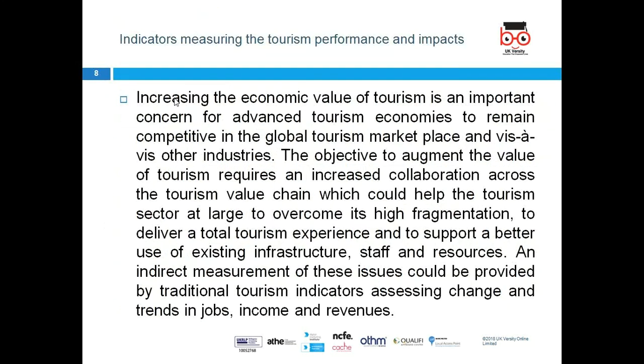exchange. Okay, next we're looking at indicators measuring tourism performance and impact. It increases the economic value. Tourism is an important concern in the advanced tourism economies to remain competitive in the global tourism marketplace.